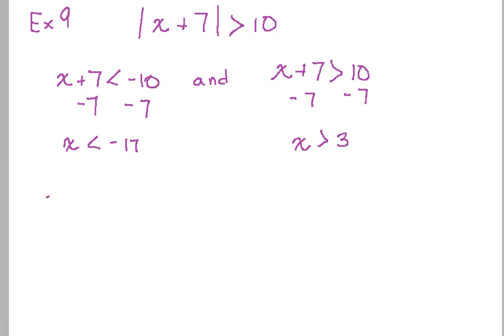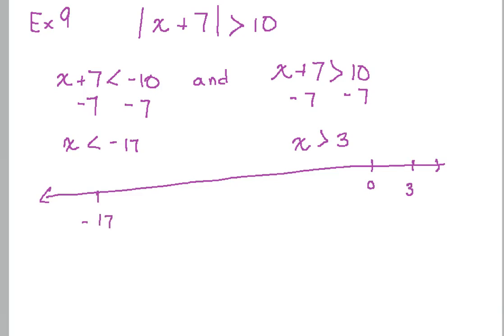So on my number line here, and I'm just going to freehand it, so I apologize that it's not going to be really perfect. There's 0, let's call that 3. And down here is going to be our -17. I'm going to change my color here so that it's a little easier to see what's going on. The largest part of this is going to be the -17.